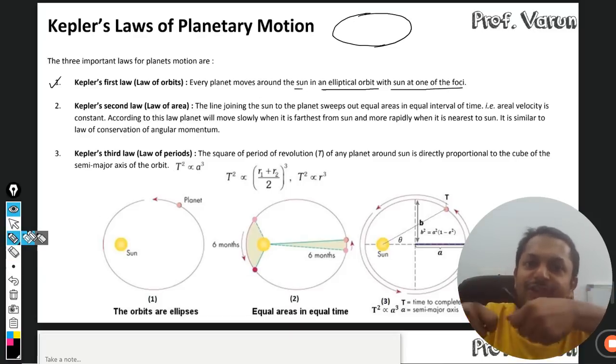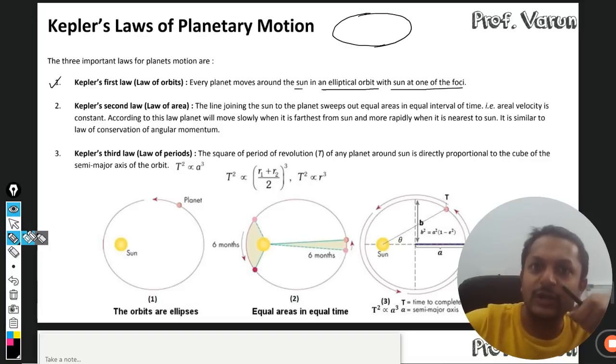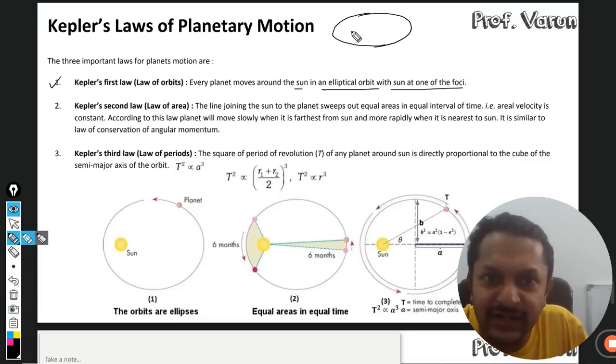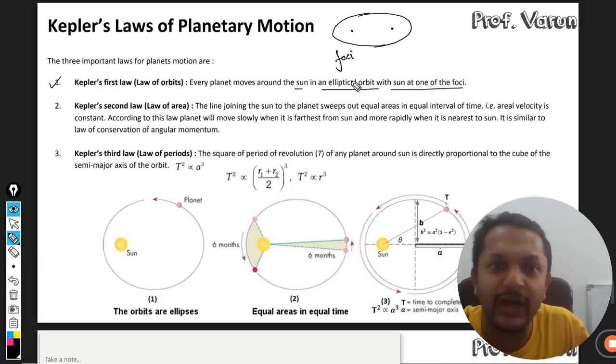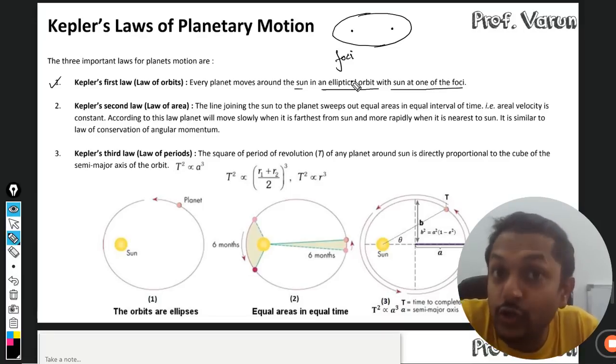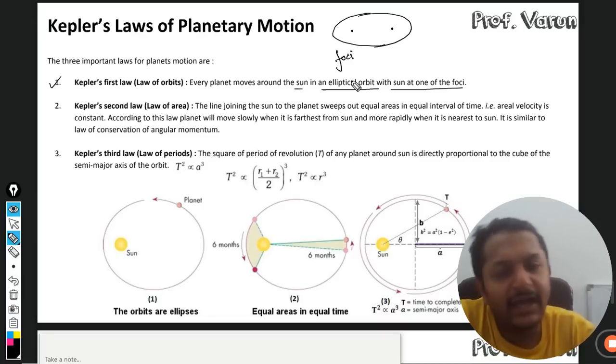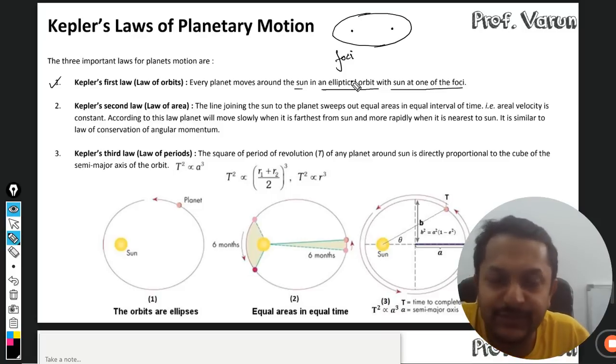When you stretch the circle and convert it into an ellipse, the same center is converted into two different centers, which are not known as centers but as foci. There are two foci, and this is what an ellipse is.